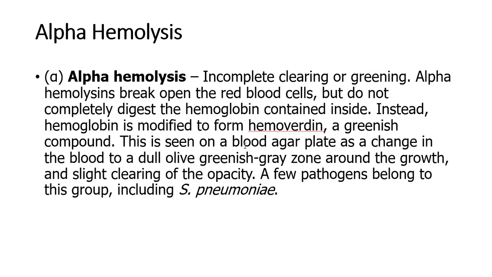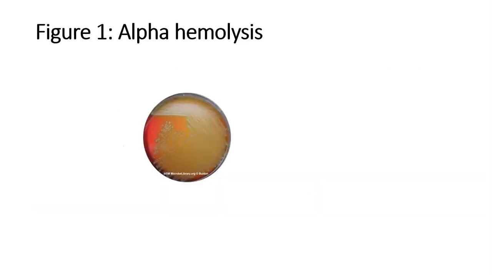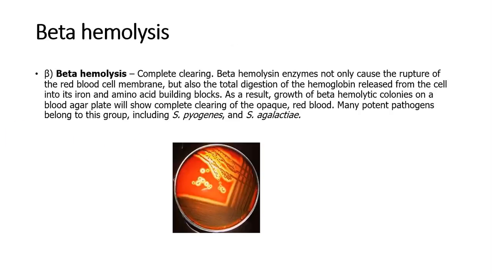So instead of seeing this clearing, we see this greening. The one that's really notorious for this is Strep pneumo. Okay, so there it is. You can see this green versus complete clearing.